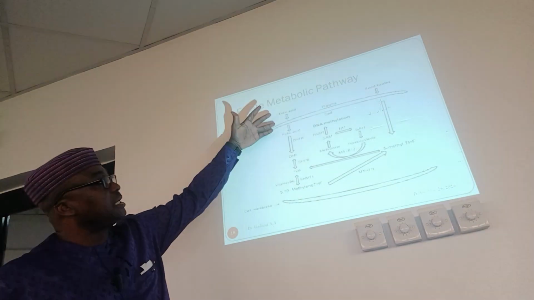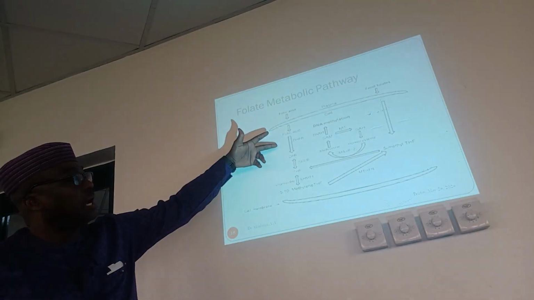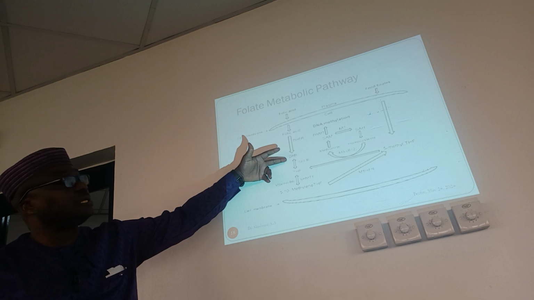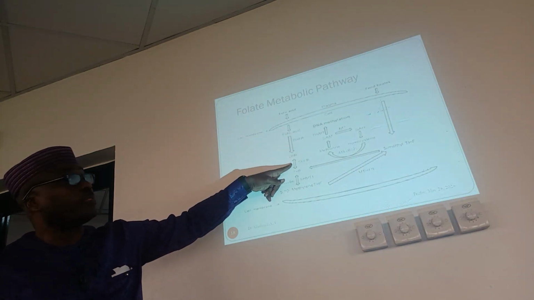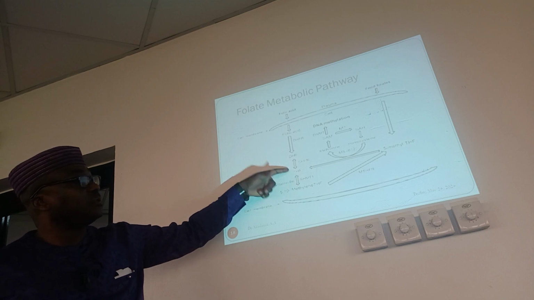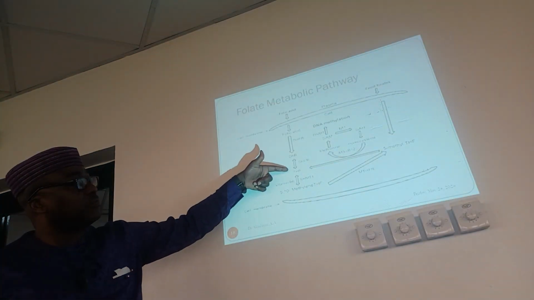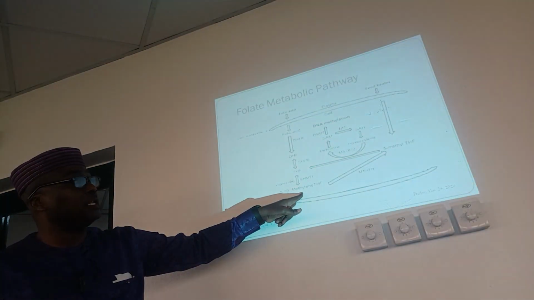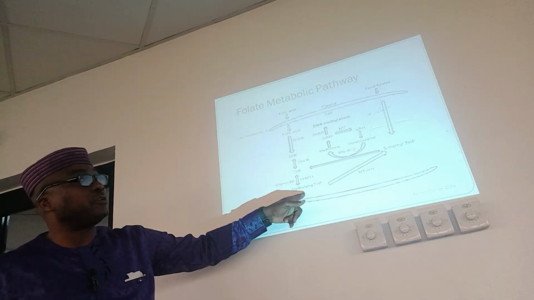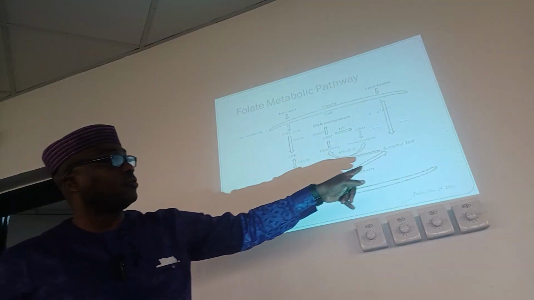So folic acid is taken, moves into the cell, and is converted to dihydrofolate. Dihydrofolate, by dihydrofolate reductase, is converted to tetrahydrofolate. Tetrahydrofolate is converted to 5-10-methylene tetrahydrofolate. 5-10-methylene tetrahydrofolate is converted to 5-methyl tetrahydrofolate.